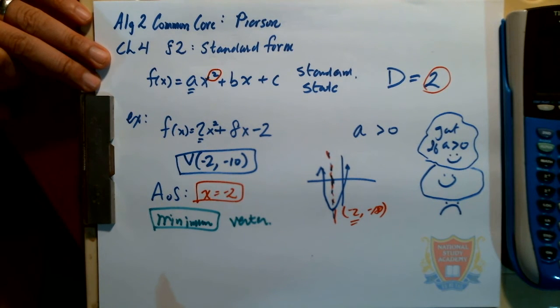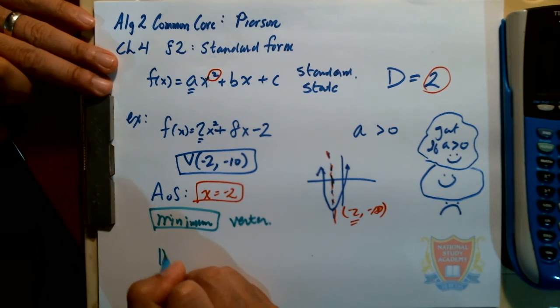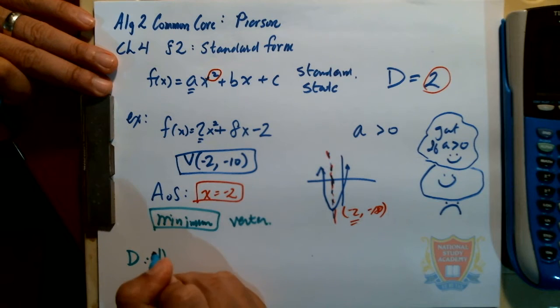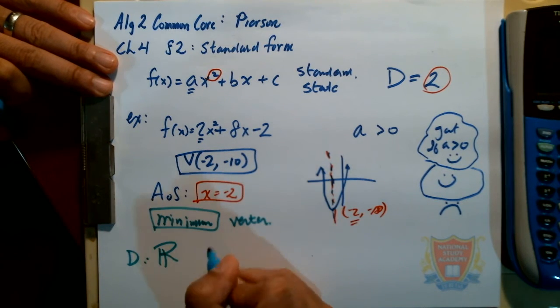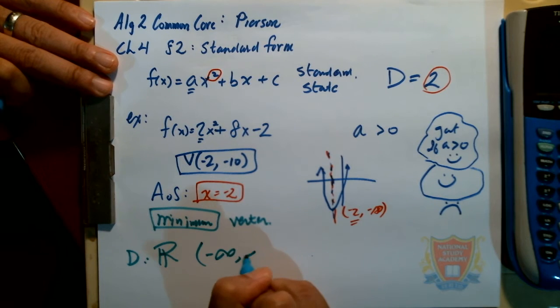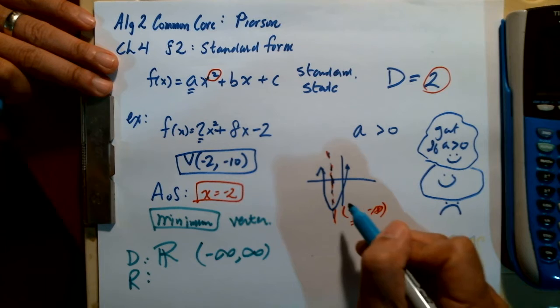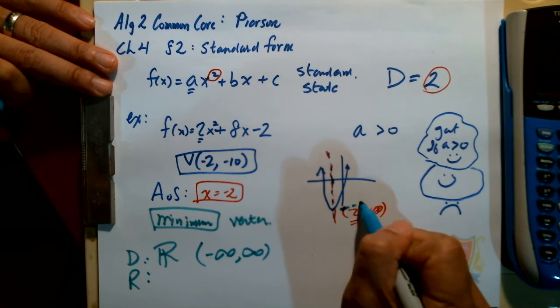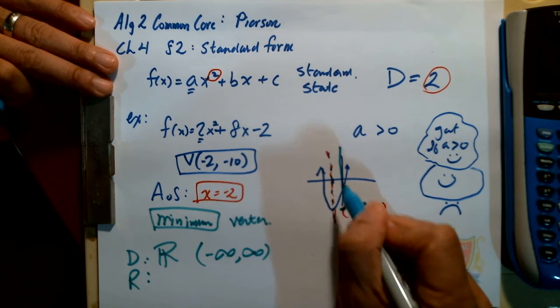And we have to tell its domain. What is the domain? The domain is always all real numbers for a parabola, right side up or upside down: -infinity to infinity. What's your range? In interval notation, it's going to be at -10 and anything that goes along the y-axis, right?